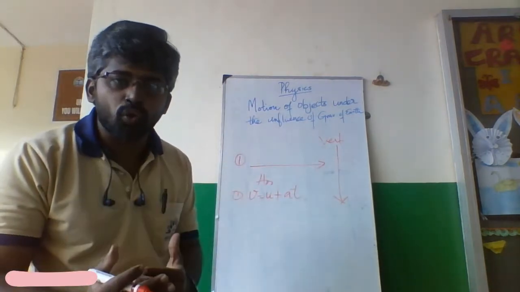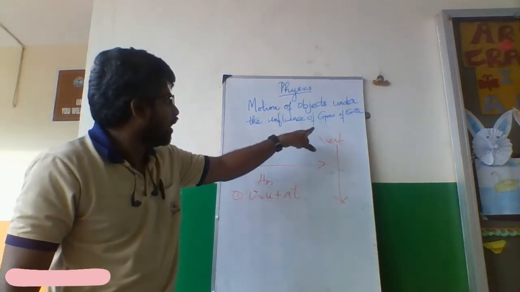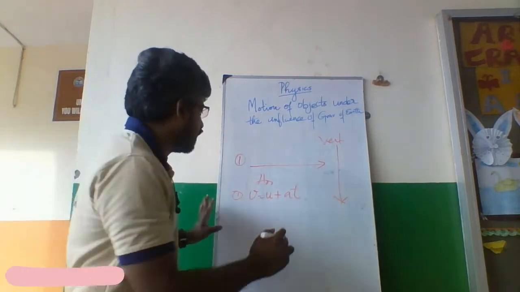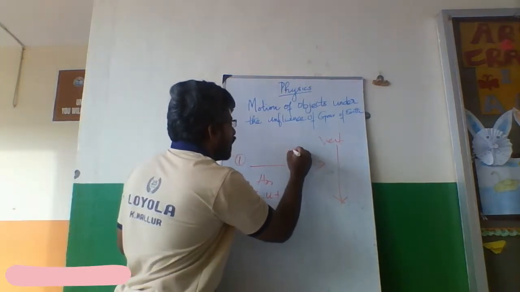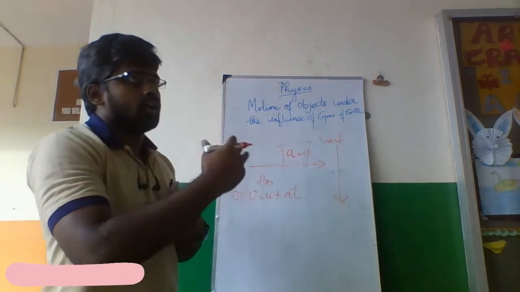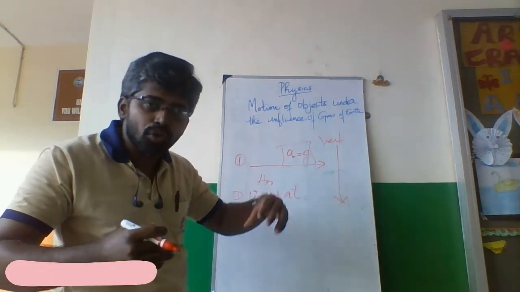Now we are going to replace that acceleration, in vertical motion, a is replaced by g. g is acceleration due to gravity.